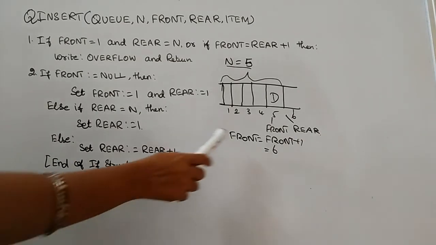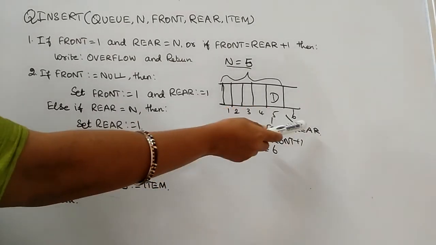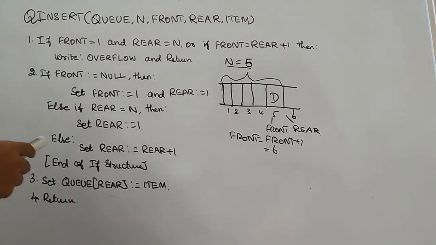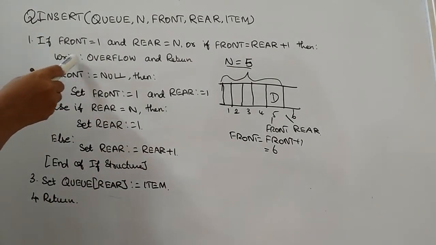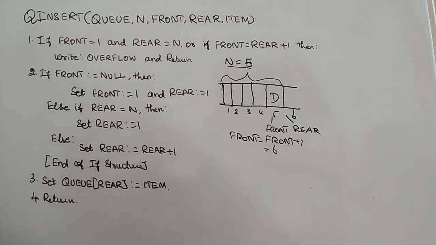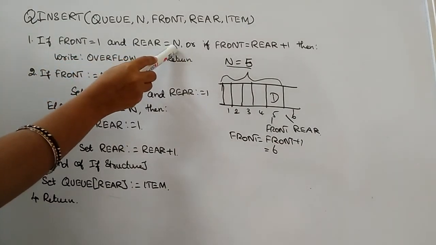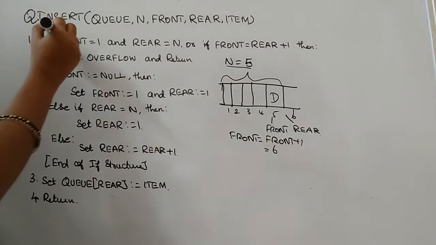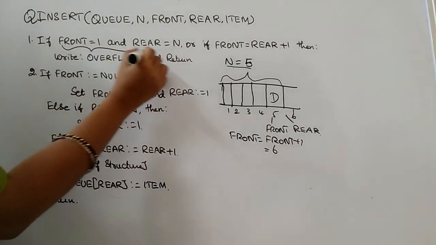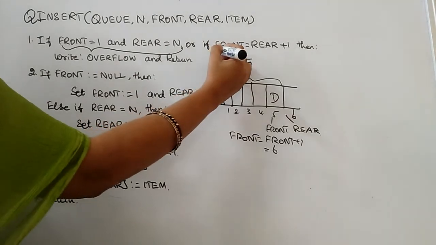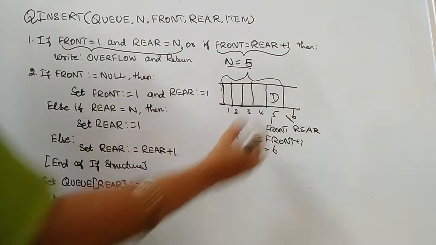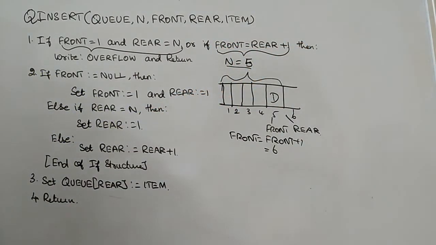So if front is equal to rear plus 1, by that time also we should prompt the user with overflow. That's why I have written the condition: if front is equal to 1 and rear is equal to n, this is one condition, or if front equal to rear plus 1, then overflow will occur.